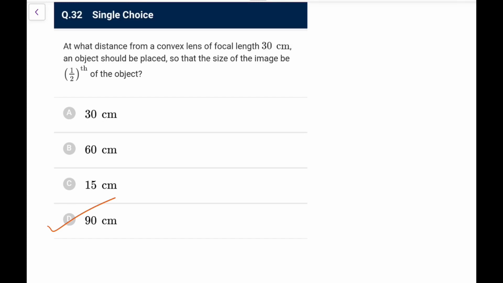For the lens, the image is half of the object. So magnification, you know, is equal to v by u, that is 1 by 2 here, and applying the equation 1 upon v minus 1 upon u is equal to 1 upon f. So writing 1 by v equals 2 by u.